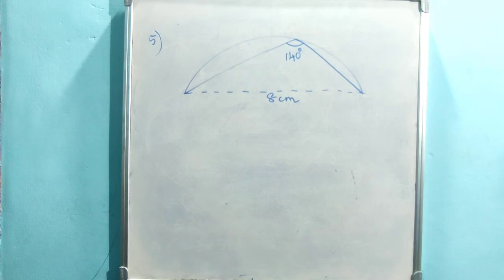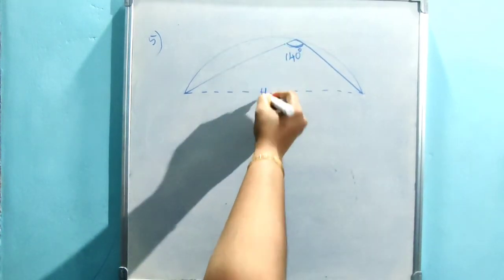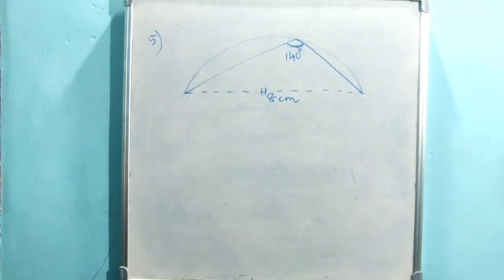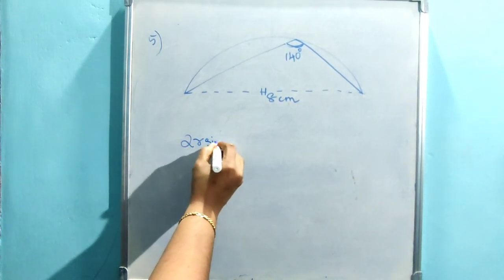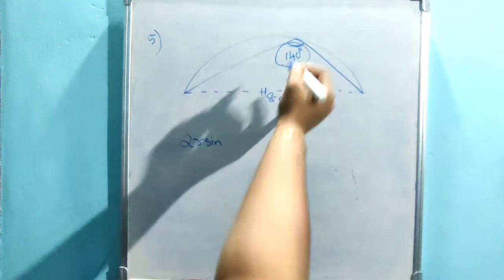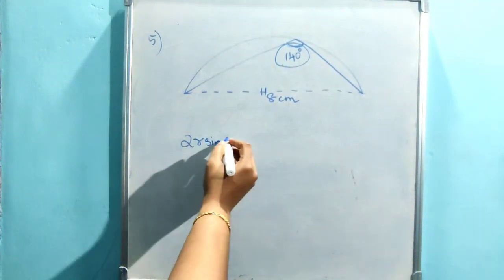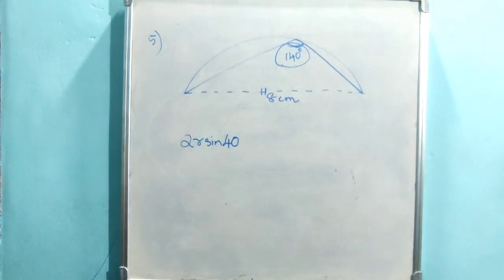In an obtuse angled triangle, the side opposite to the obtuse angle is 2r into sine of its supplementary angle. The supplementary angle of 140 is 40.